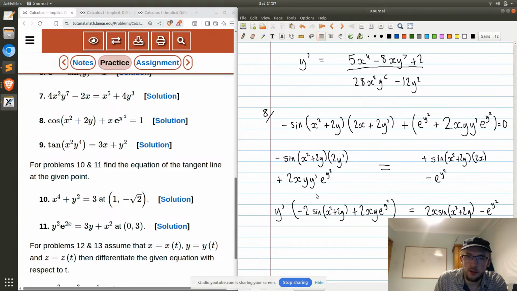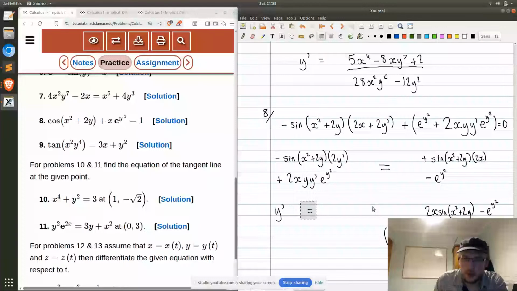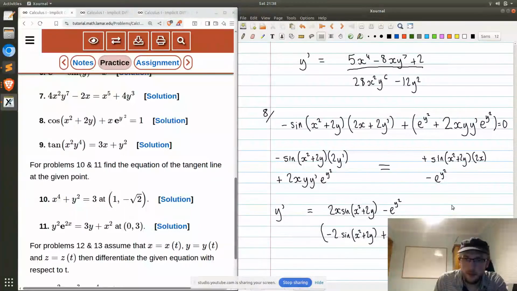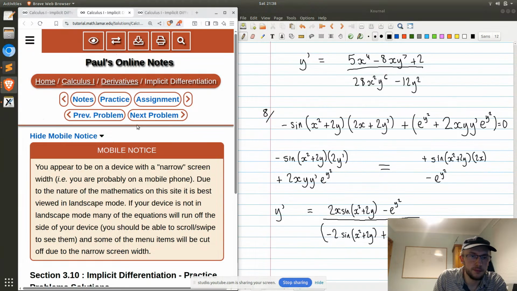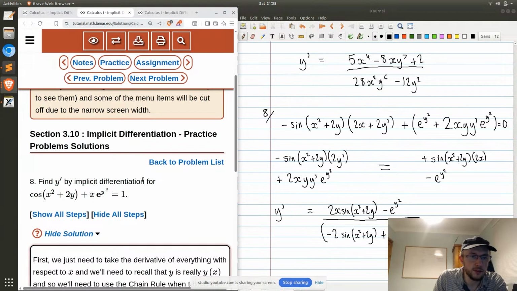And then I'm going to divide through by all of that. So I'm just going to move that over right now. Just there like that. So I think that's the answer. Or so I believe.